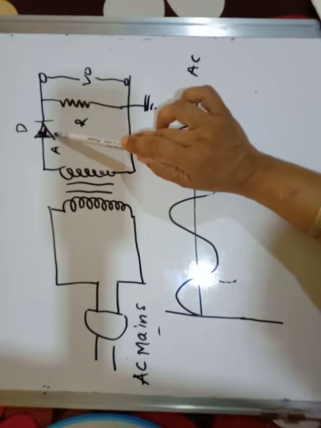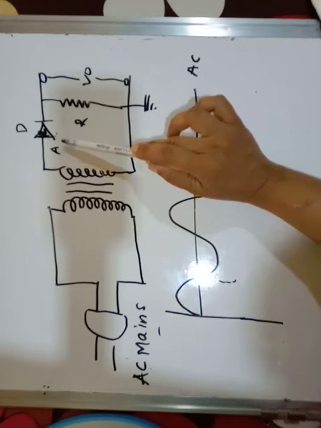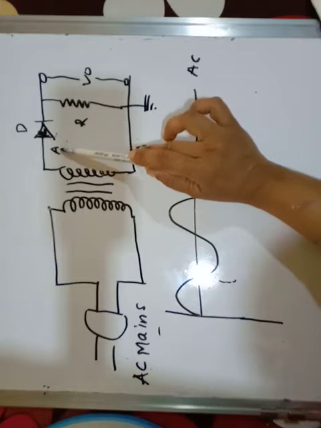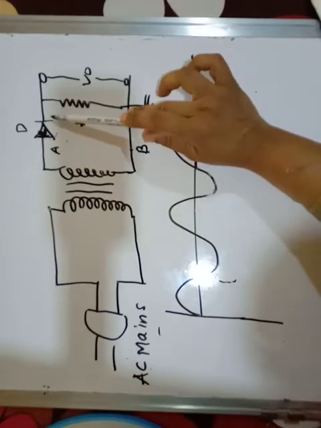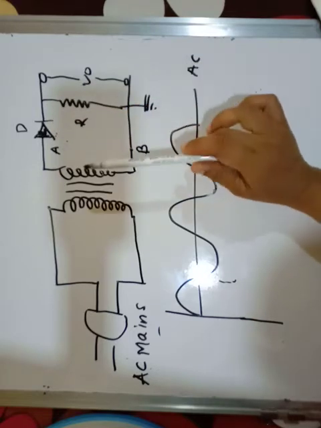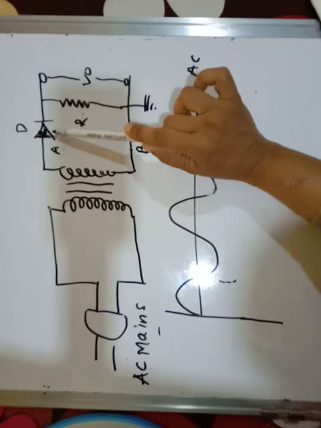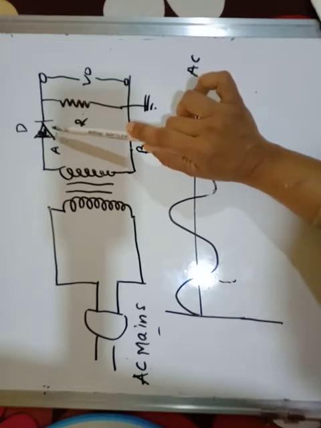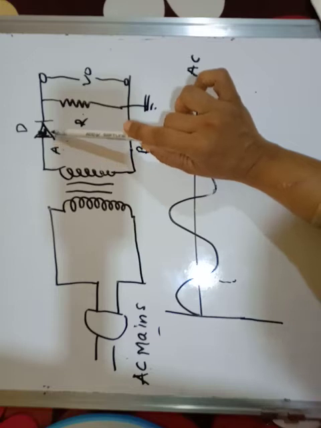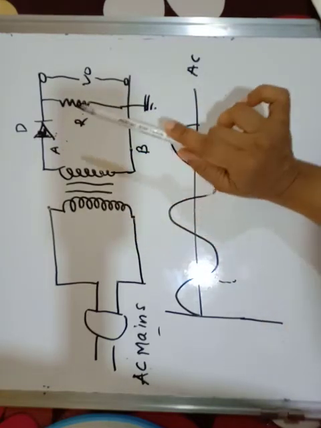We have just seen the two terms, forward bias and reverse bias. In forward bias, the positive terminal of the battery is connected to the positive terminal of the diode, that is the anode, and the negative terminal of the battery is connected to the negative terminal of the diode. So the current flows from positive to negative, and the diode acts as a closed switch, meaning maximum current flows through the circuit.